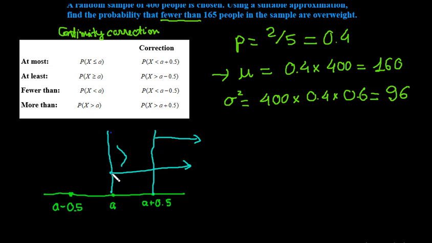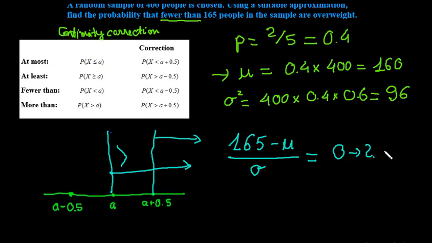Why are the corrections important and why do you have to remember them? Because in the exam, you will lose at least a mark or two if you don't know the correction. If you get one really big number like 165, your result, after subtracting the mean, will be in the range 0 to 2.9 for the z-score. In the exam, they would never give you any number outside of this range.